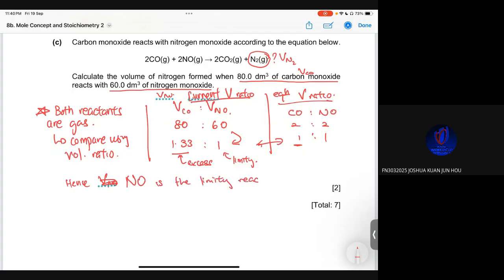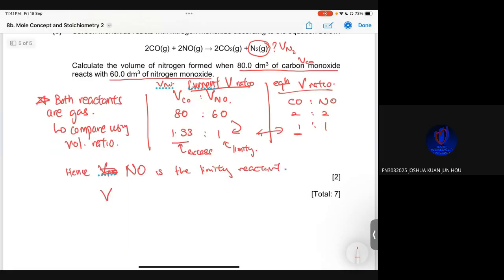Now, once I know NO is the limiting reactant, I'm going to take the volume of NO to calculate the volume of nitrogen. Because they're both gas, I can just multiply by the mole ratio, which is also the same as the volume ratio.